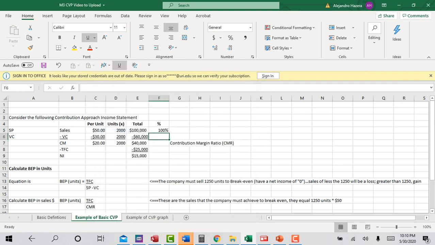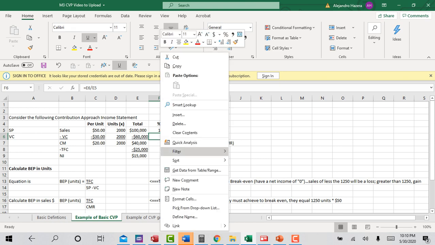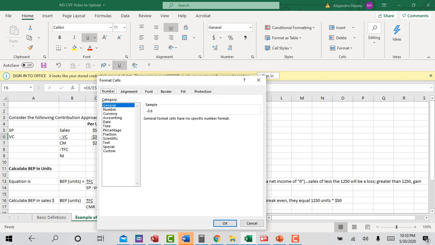That's okay. Now, your sales are 100%. Of your sales, your variable costs are 60% of those sales in a negative sense, because they are a cost against those sales.